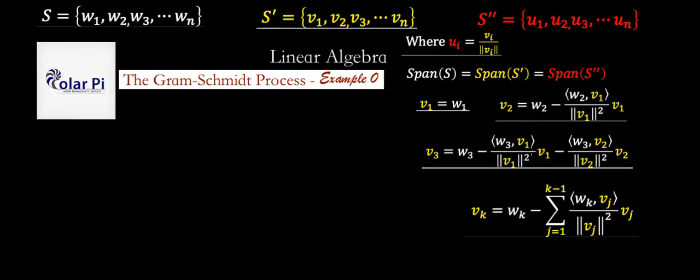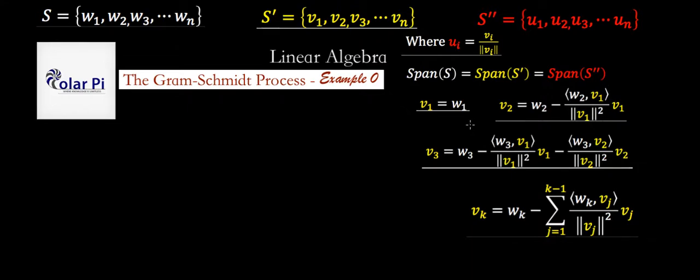So it quickly gets more tedious and more difficult to find values of V sub k for large k, and so it's only reasonable to ask you to find V2 and V3 in your classroom or in the examples to come. Okay, cool.